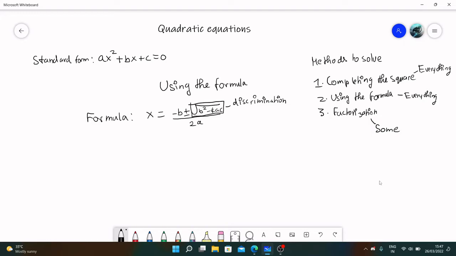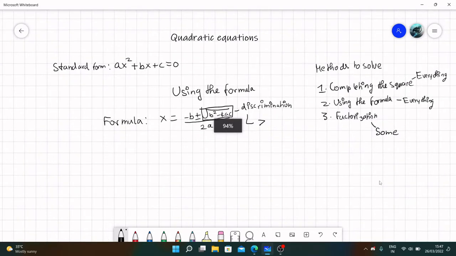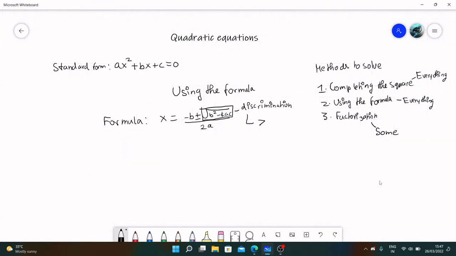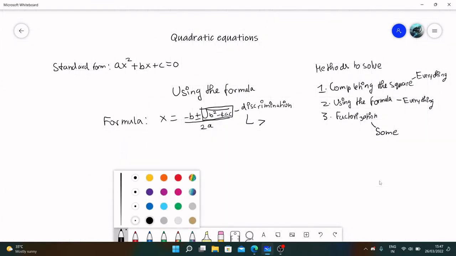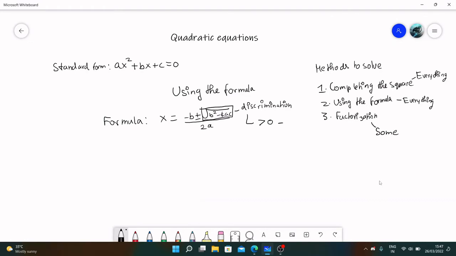So, we get 2 x values when the result of the discriminant is greater than 0. If it is less than 0, you get no real numbers.